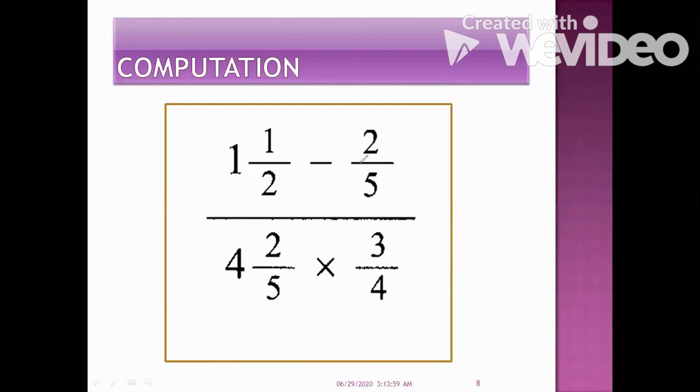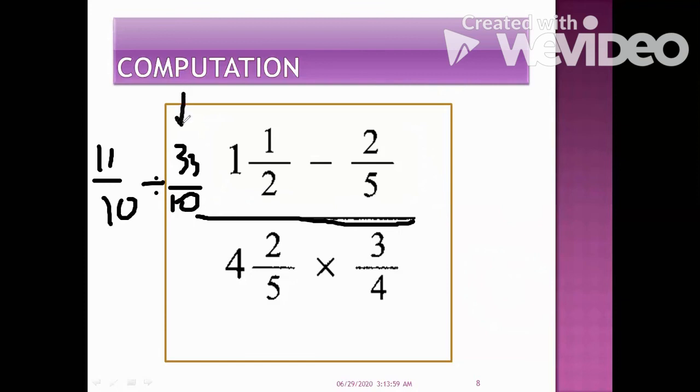So the top piece is 11 over 10, divided by, and this division is this big bar here, that's how we get the division, divided by 33 over 10. Now when we're dividing fractions, we invert or reciprocate this fraction.